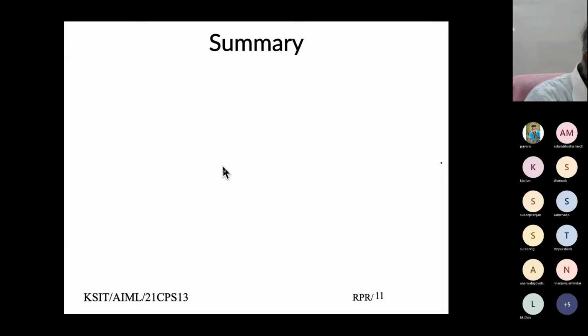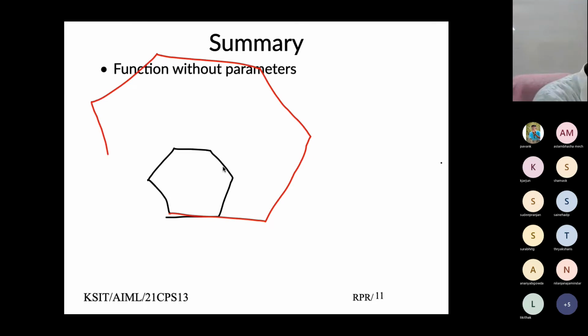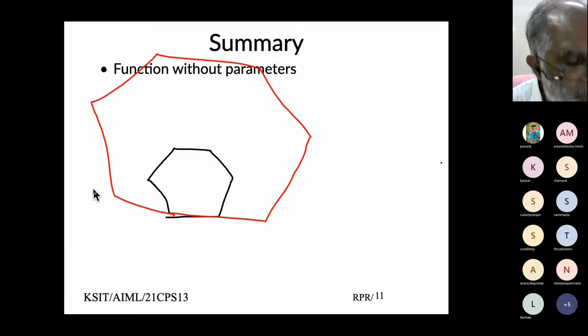So if I draw a hexagon, my first hexagon would be this, then the second will be double the size, and something of this kind. Let me draw and show that to you.